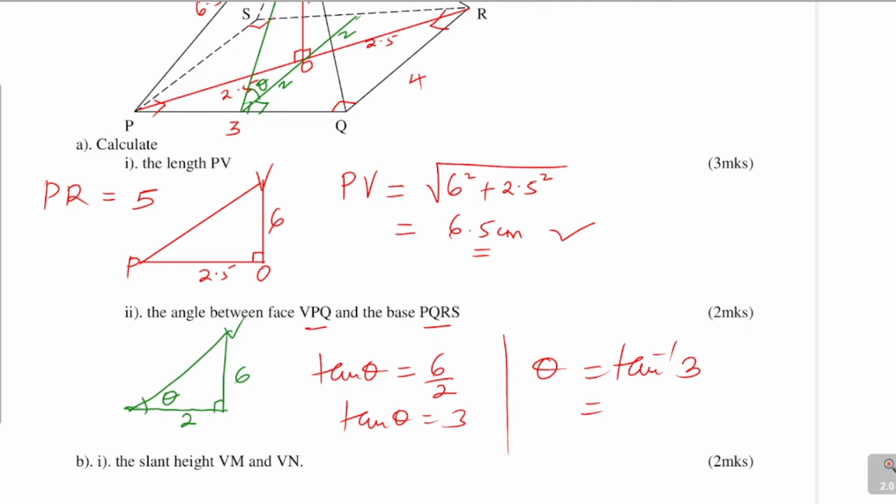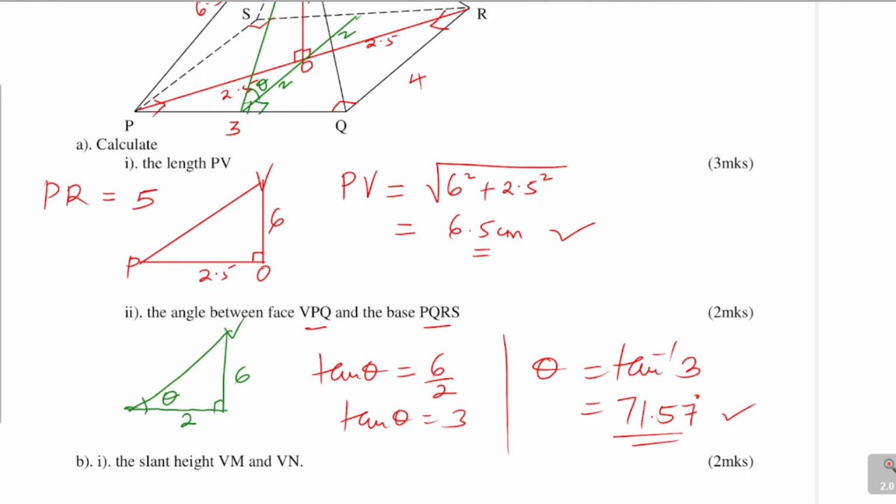The tan inverse of 3 will give 71.57. You need to check the mode of your calculator before you work out questions on trigonometry. So that is what you get.